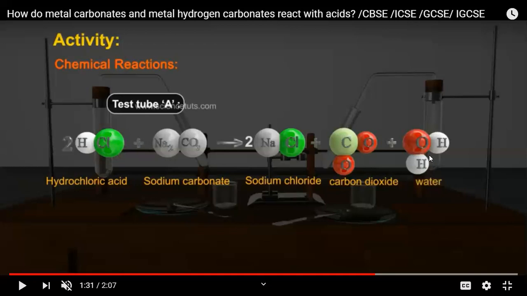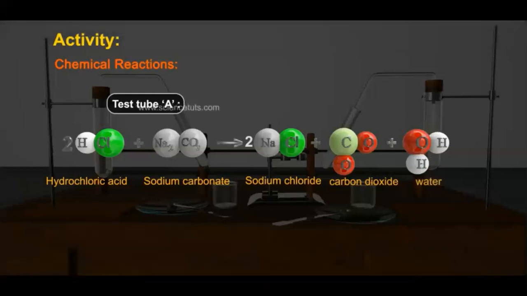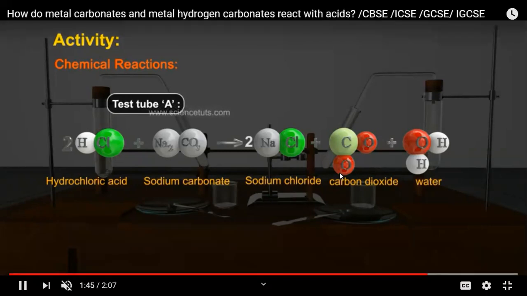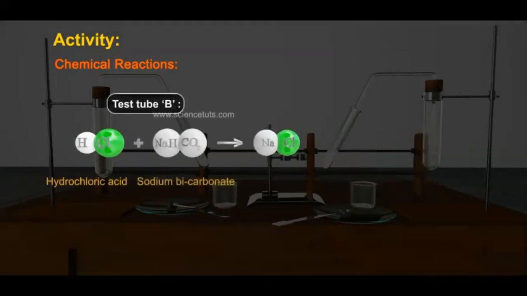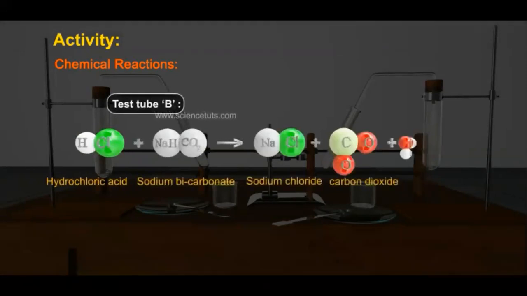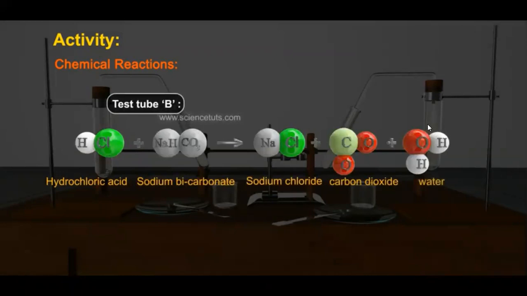water will be liberated. Similarly, in case of test tube B, I have taken sodium bicarbonate. Don't get confused why we have written 2 in front of NaCl and HCl. This is a part of balancing. Now, if we take test tube B, I have taken sodium bicarbonate or sodium hydrogen carbonate and reacted it with HCl.